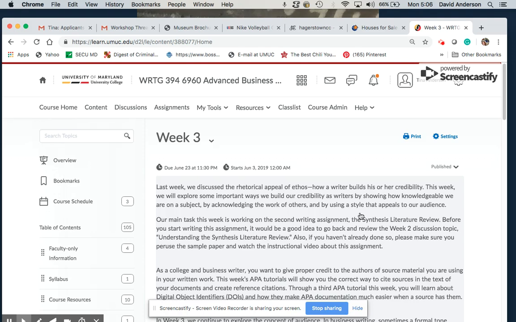And this is where we're going to go out and cull secondary sources. That means information that others have written and published. We're going to cull that using our UMUC OneSearch library, those vast resources.